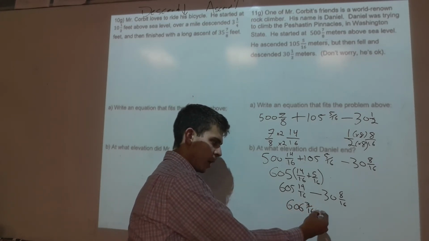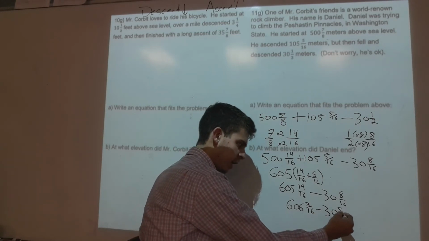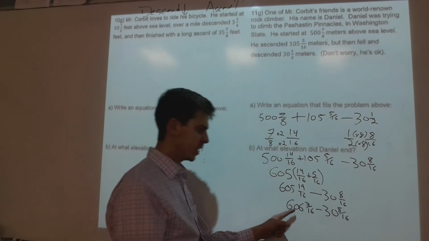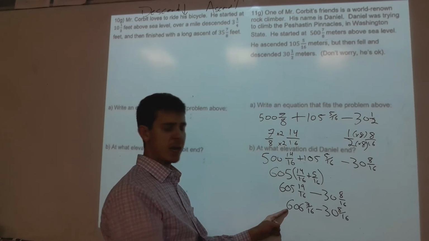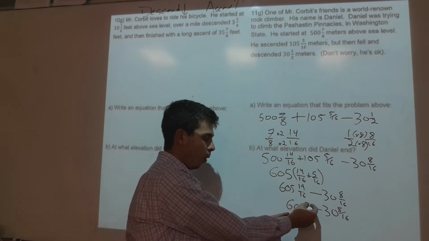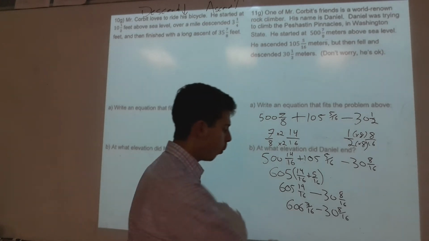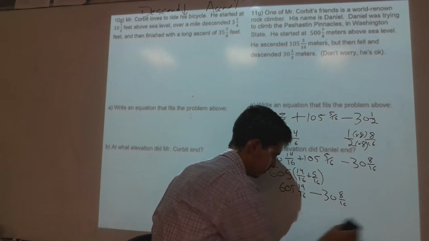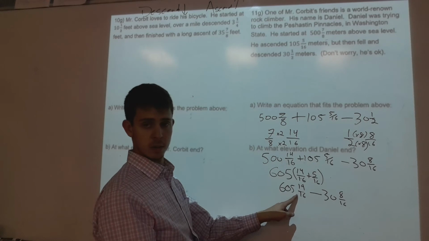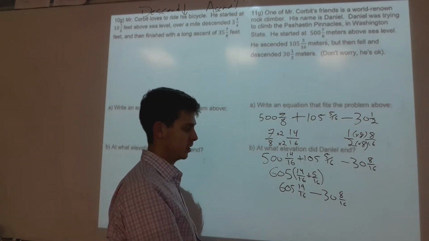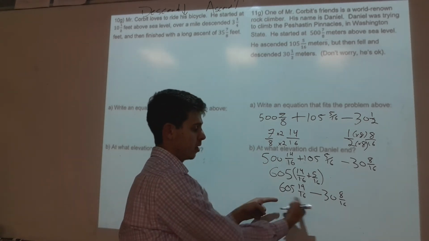Now, when I'm subtracting the 30 and 8/16, I just gave myself more work. Because now I have to borrow 1 whole to give it to this fraction and then subtract it from the 8. Why don't we just leave it like this? And now subtract the fractions. It's going to be much easier. The borrowing has already been done.